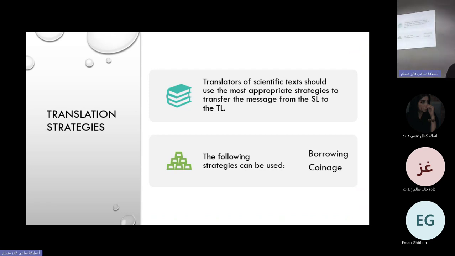Borrowing, what does borrowing mean? To take something from someone else and use it, okay? Yastaeer. And coinage, I explained it to you just now. Coin, yes. Use of a new term.